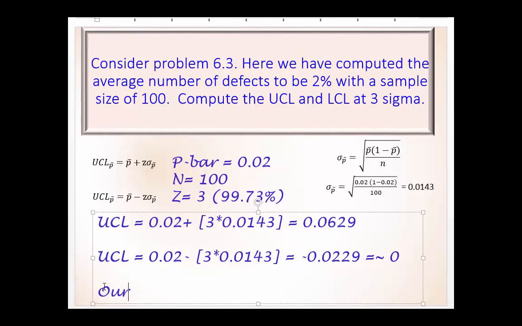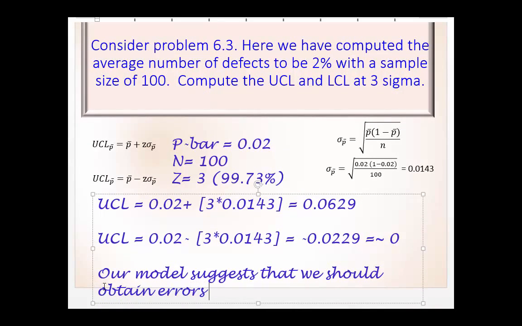So our model, said differently, suggests that we should obtain errors between 0 and 6%. So if we were to find someone who was averaging 7, 8, 10% errors in each observation, we would know we've got a problem. So this helps us understand what is normal and what is outside of normal.